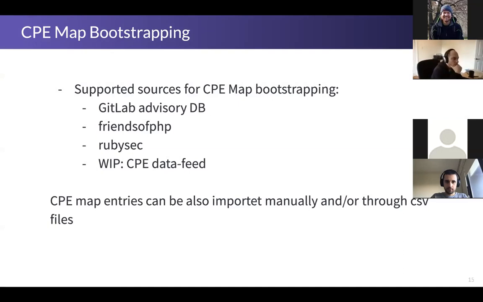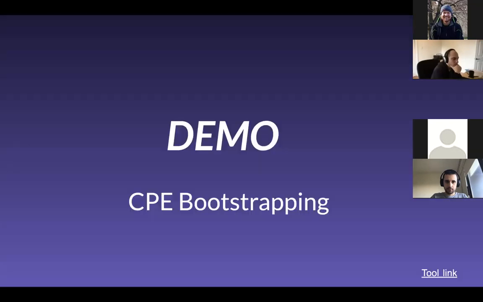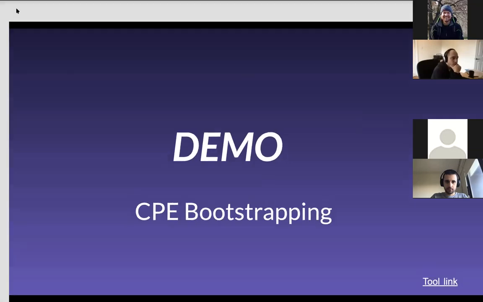This process is called CPE Map Bootstrapping, and the supported sources for this procedure at the moment are the GitLab advisory database, Friends of PHP, and RubySec, and I'm currently working on the CPE data feed because NVD also has an official data feed that we could leverage to get package name and type information and link it to CPEs. And I can also prepare a short demo for the bootstrapping procedure.